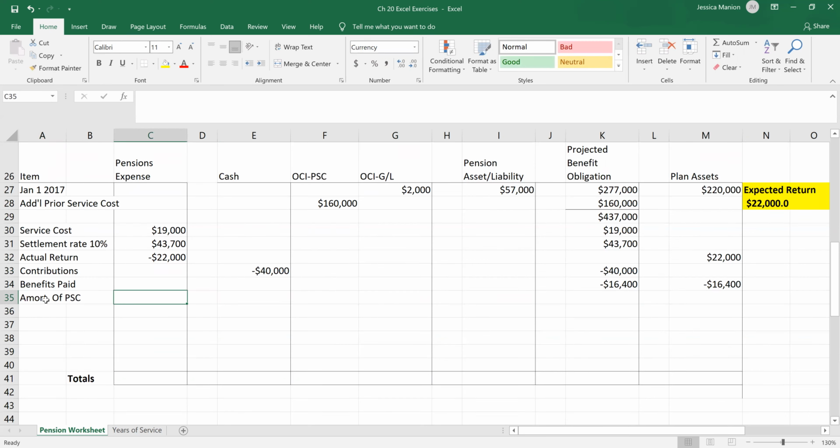Amortization of prior service cost, 54,400. So this increases our pension expense. This decreases our other comprehensive income. So minus 54,400 because we've amortized some of that now.